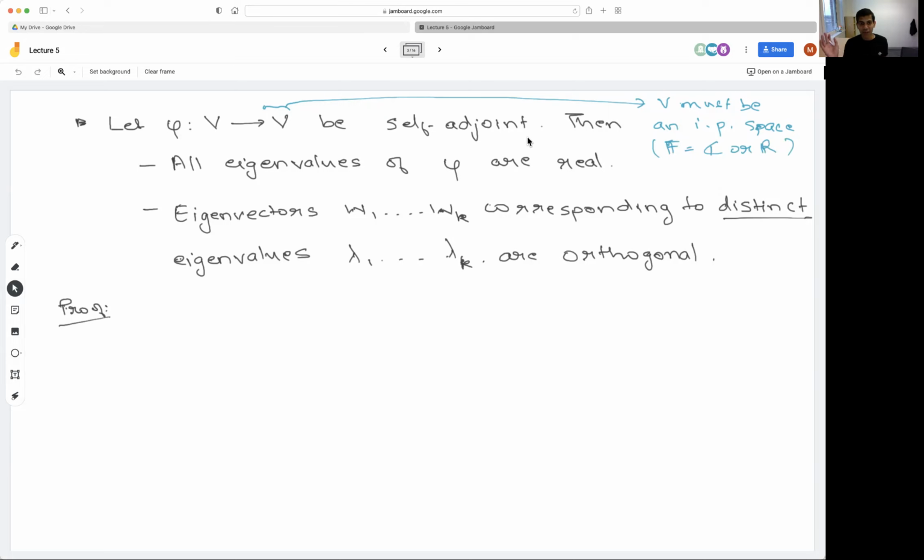In general, when you have a linear transformation, first of all, it may or may not have eigenvalues. If it has eigenvalues, they can be field elements, which in this case can be real or complex numbers. But for self-adjoint transformations, we'll see more about this, if you have an eigenvalue, it is going to be a real eigenvalue. And in fact, you will have eigenvalues, which we'll get to in a bit.